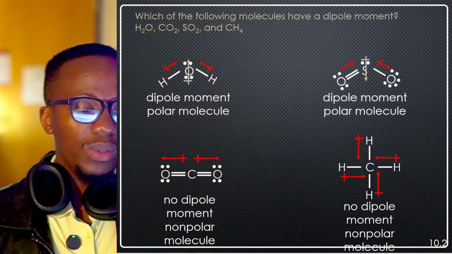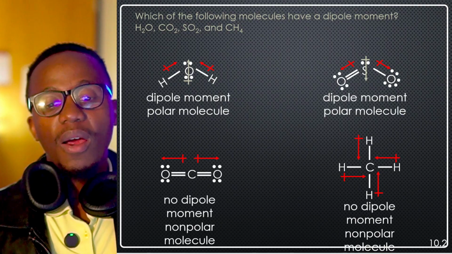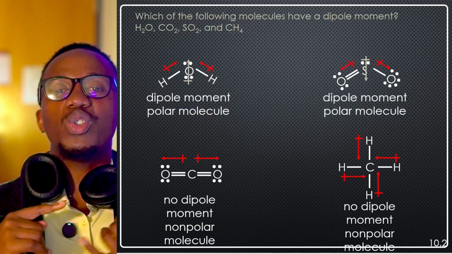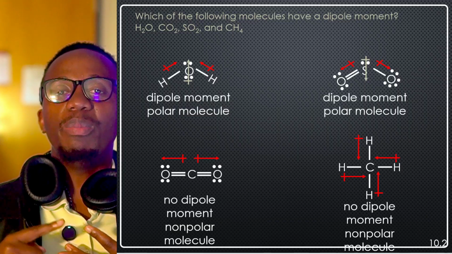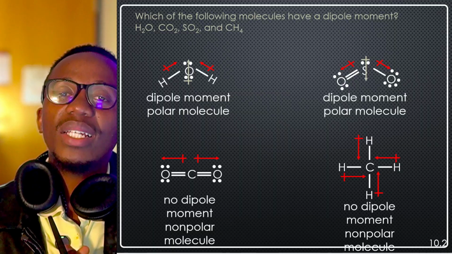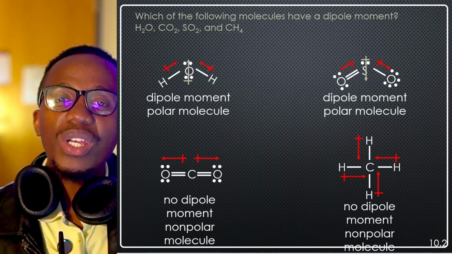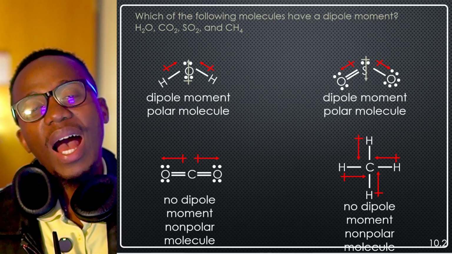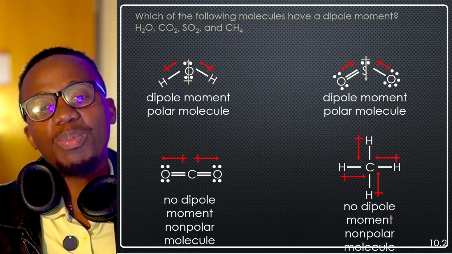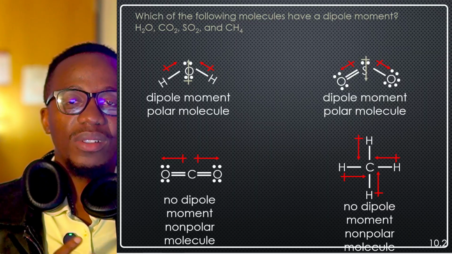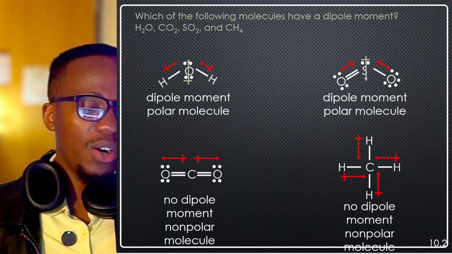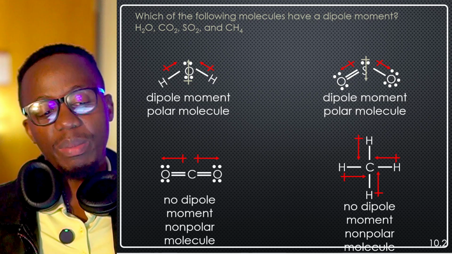So when I give you a bunch of molecules, and then after I ask you the structure, geometry, the polarity, and all that stuff, I will ask you, does this dissolve in water or not? And you will answer that based on the polarity. If it's polar, it will dissolve in water. Does that make sense? It's a very, very important take-home message that I want everybody to remember.